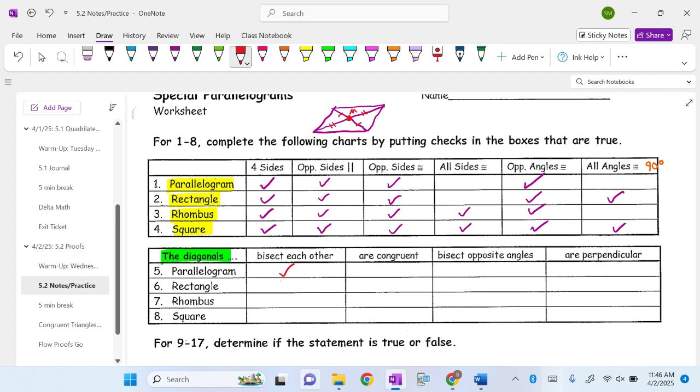If we're going from parallelogram to rectangle, is it true that every rectangle has a set of opposite congruent angles like a parallelogram? They have two sets of opposite congruent angles just like a parallelogram. Is that true? Now, if we go opposite, so from rectangle to parallelogram, rectangle has all angles that are congruent or 90 degrees. Is it true that a parallelogram has all angles congruent? No. So what's true about the hierarchy?